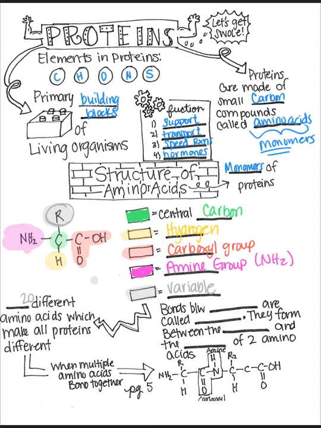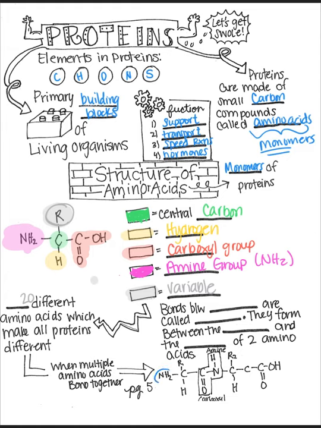So, later on when we talk about how proteins are created and how proteins are made, we're going to go into that. But know that it's structured like this. It has that variable R group in it, and there's 20 different amino acids. So, again, this variable, 20 different amino acids, and when multiple acids are bonded together, we get this polypeptide chain.